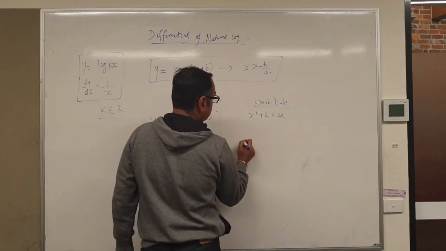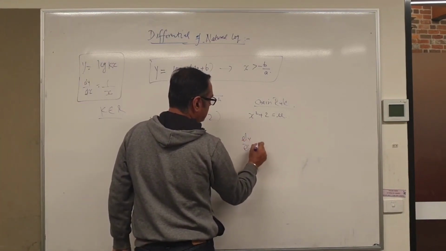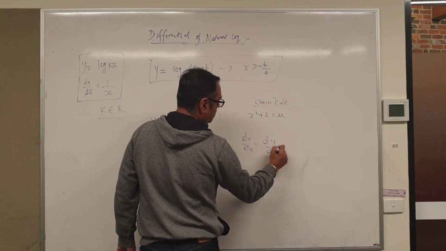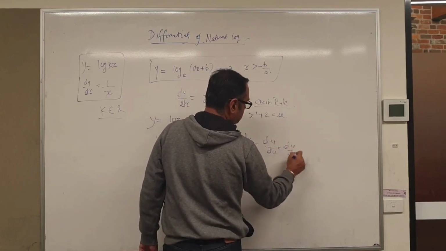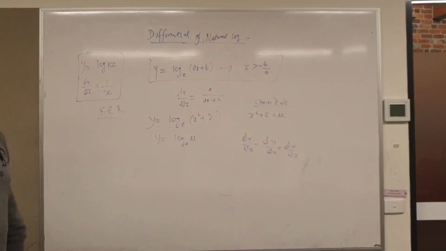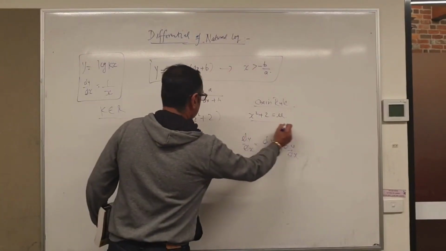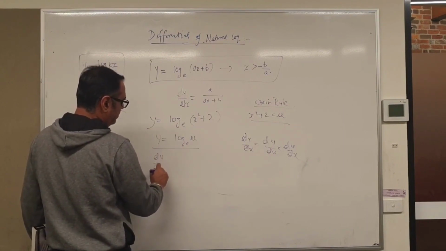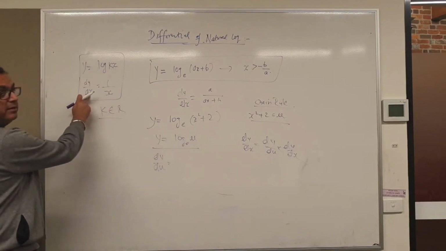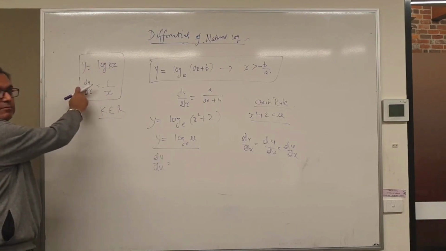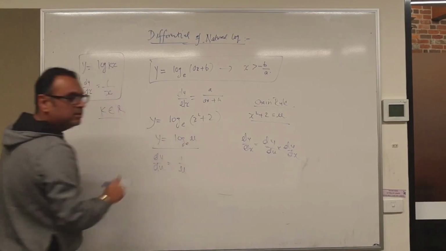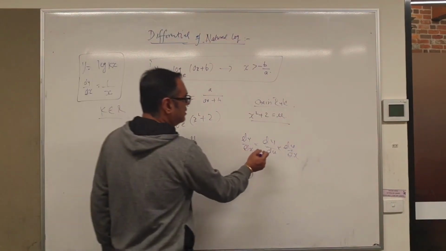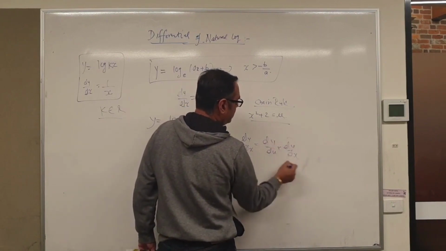Chain rule tells me that dy by dx is dy by du times du by dx. Let's find the dy by du here: 1 over x, which is 1 over u.